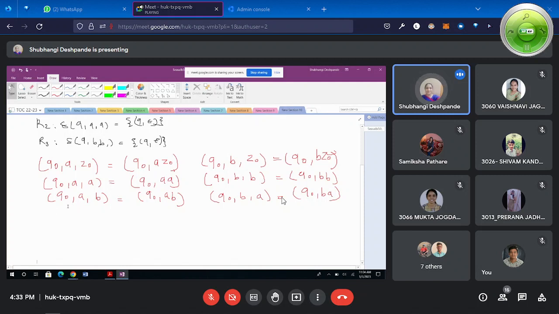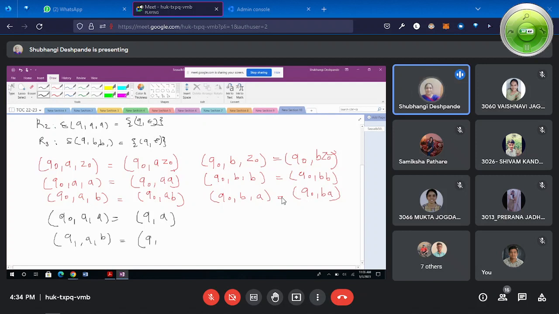Now next, as it is a palindrome, right? So we will have the next: Q0 A A will have the Q1 A. So if more number of A's will be there, and the A will be pushed onto the stack, then Q1 comma A, which is having the B now.